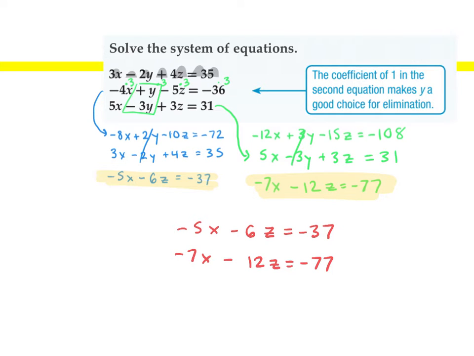We need to eliminate a variable just like we did on the quiz yesterday. So we have to multiply one of our equations by something to get one of our variables to cancel out. We see that 6 and 12 kind of go together. What can we multiply 6 by to look like 12? 2. But it's negative 6 and negative 12, so they have to be opposites. So negative 2. We're going to multiply everything in our first equation by negative 2.